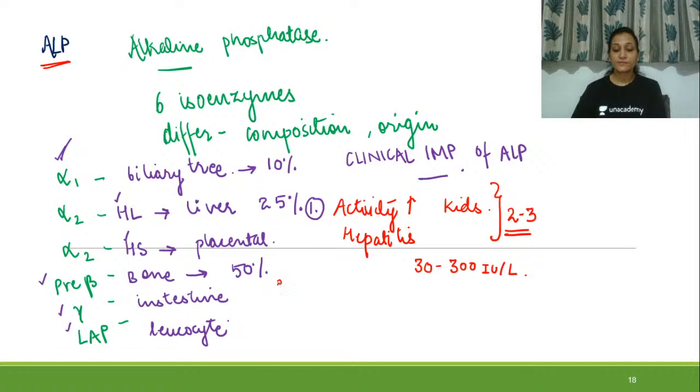Then second, the activity increases 10 to 12 folds in obstructive hepatitis. And it's a kind of ectoenzyme.